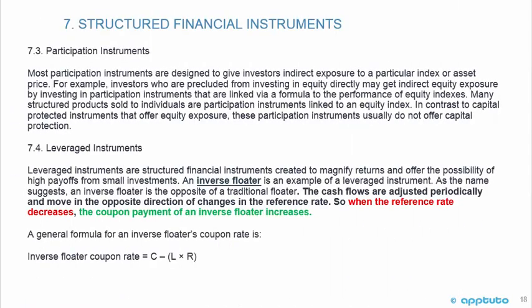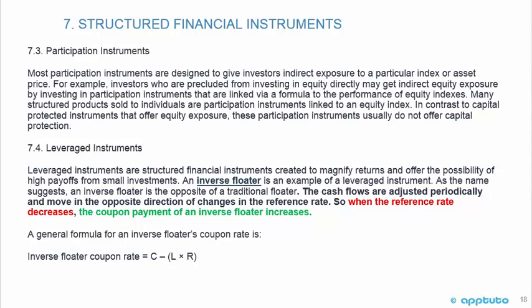On this slide, we're looking at two more structured financial instruments. The first one is participation instruments. Most participation instruments are designed to give investors indirect exposure to a particular index or asset price. For example, investors who are precluded from investing in equity directly may get indirect equity exposure by investing in participation instruments that are linked via a formula to the performance of equity indexes.